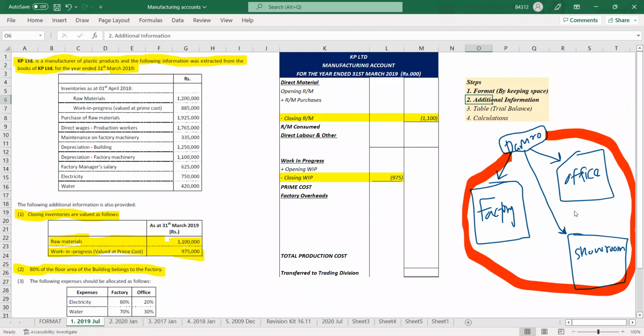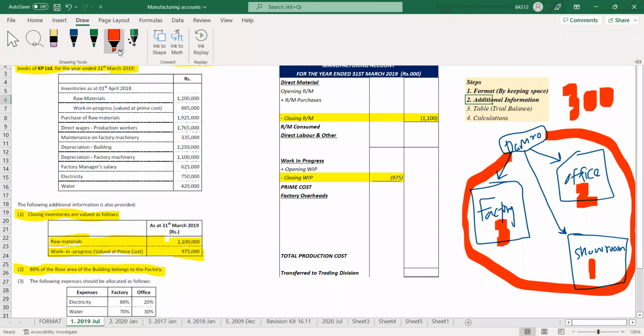First floor is showroom, second floor is office, third floor is factory. Okay, so for this entire building, they pay 300,000 rent. So how can you divide this? This 300, you have to divide.